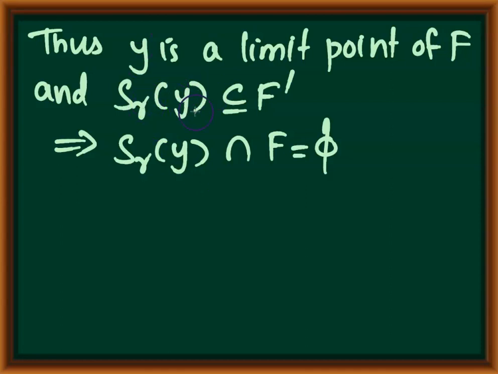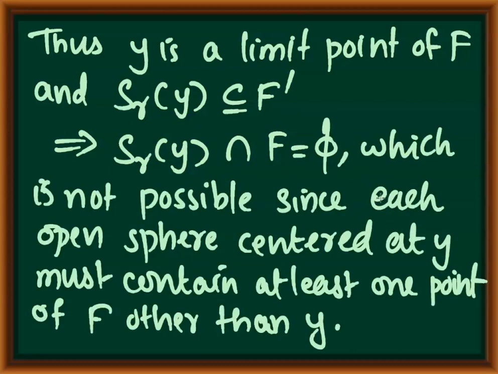Since every point of this open sphere is in the complement of F, the intersection of this open sphere with F will be definitely equal to phi. Thus we have obtained that S_r(y) intersection F is empty, but we have assumed that y is a limit point of F, so every open sphere centered at y must contain at least one point of F other than y.